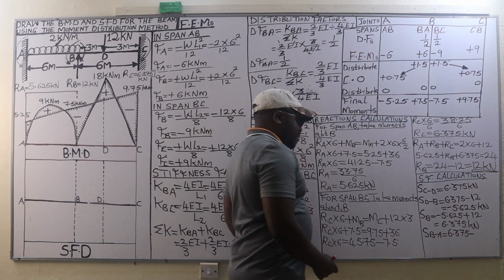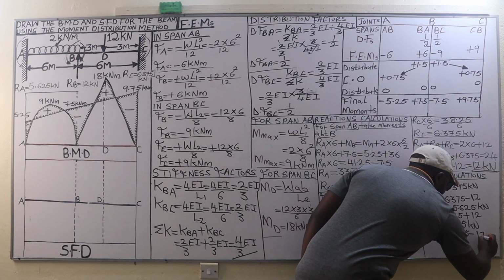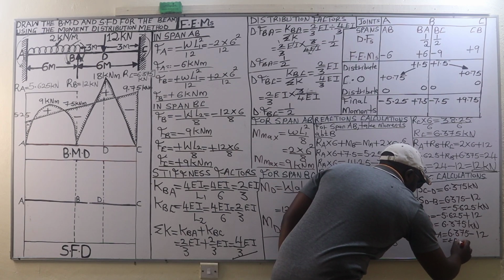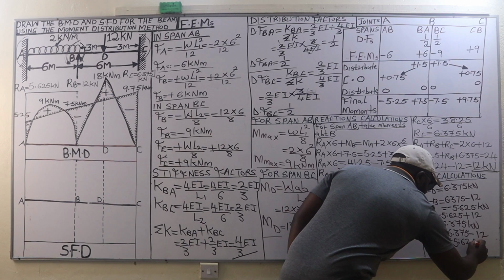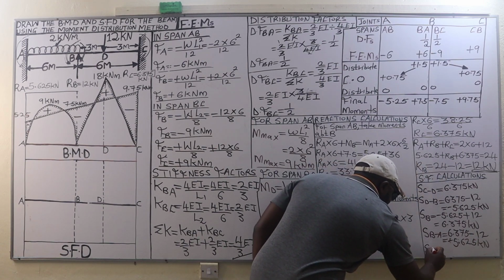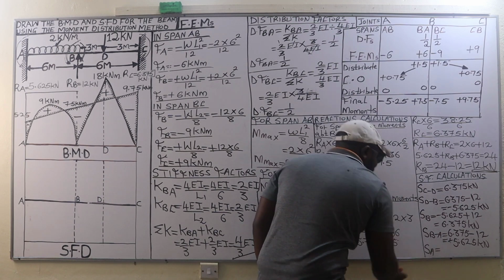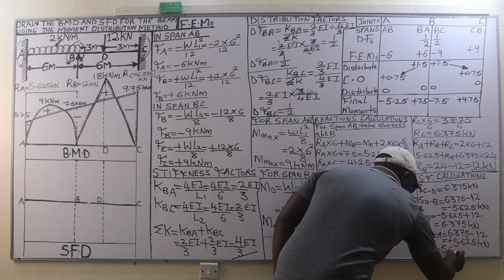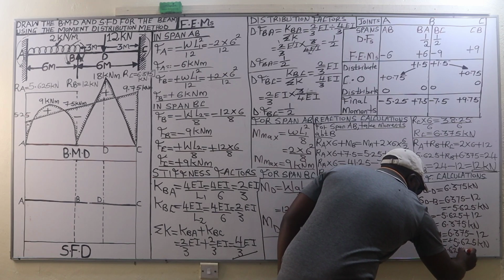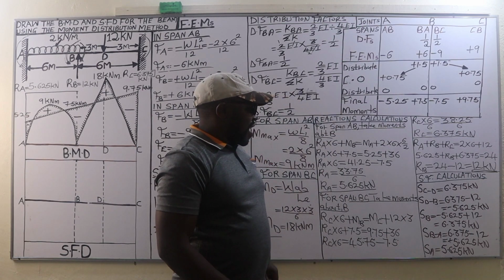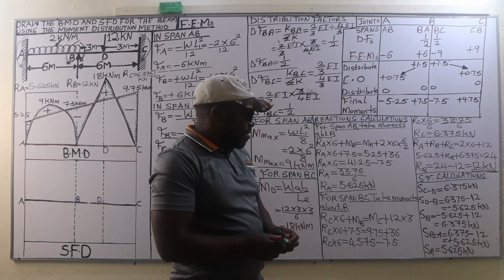So we subtract 12 kilonewtons, and that is going to give us a shear force of negative 5.625 kilonewtons. Then finally, the shear force at A will be equivalent to the shear force between B and A, which is 5.625 kilonewtons.